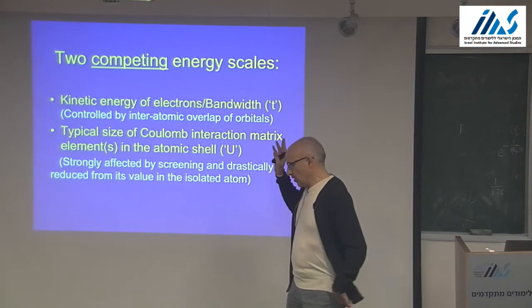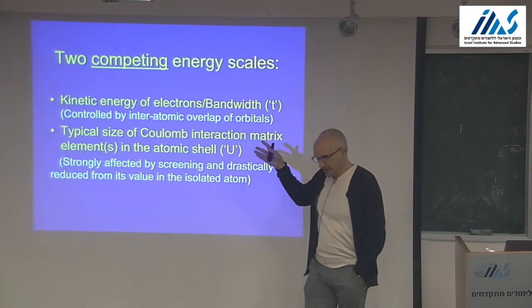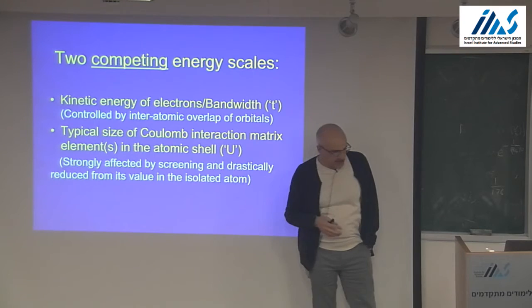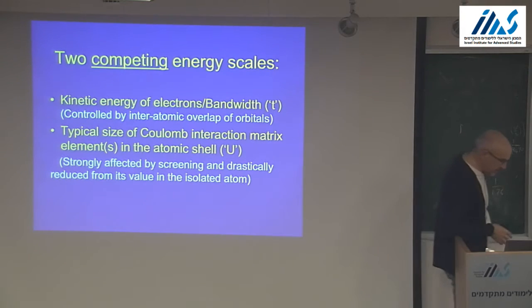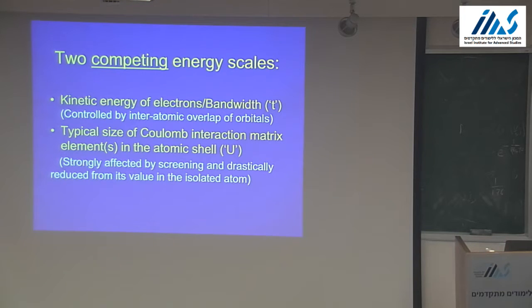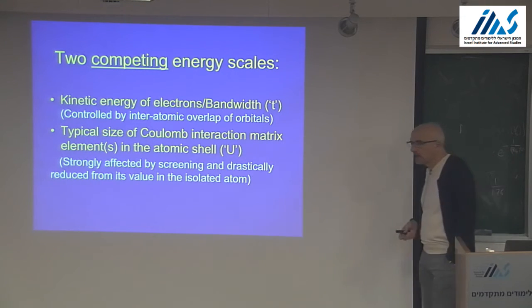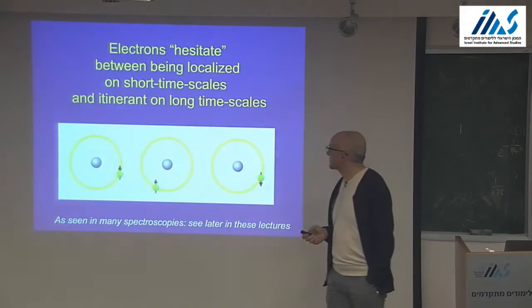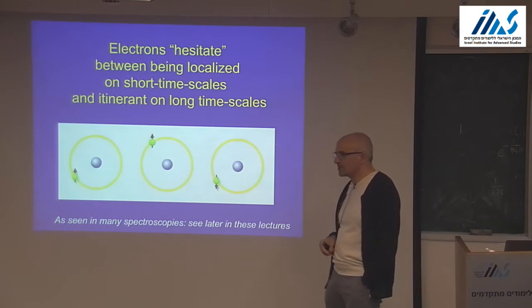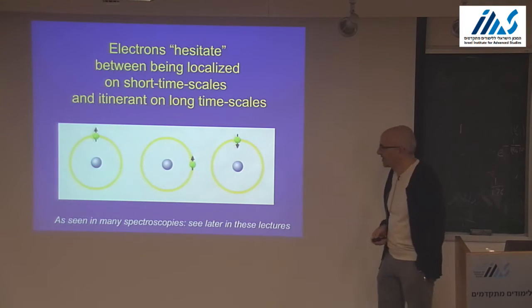Of course, this is oversimplified. As you will see later in this lecture, there are actually other interactions that are very important in the context of multi-orbital systems, and I'll come back to this a little bit later. But the cartoon, if you want, at this stage is the following.